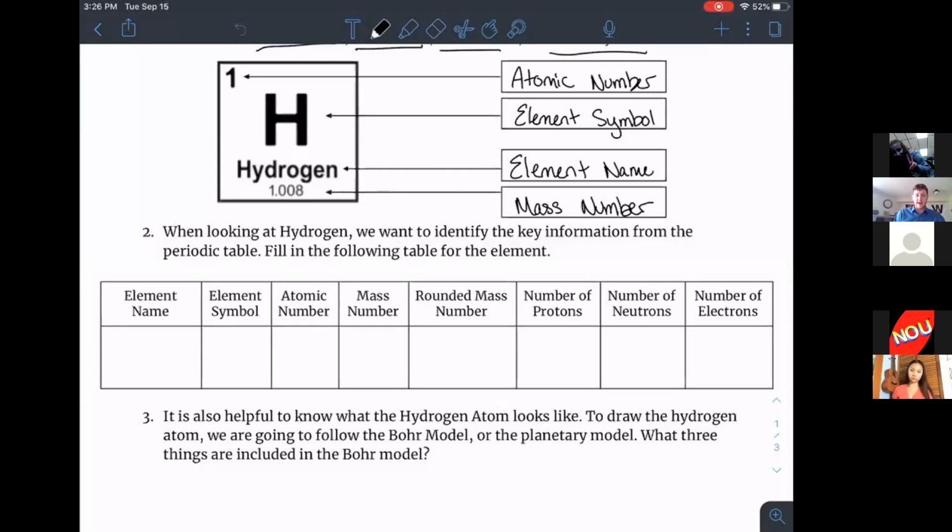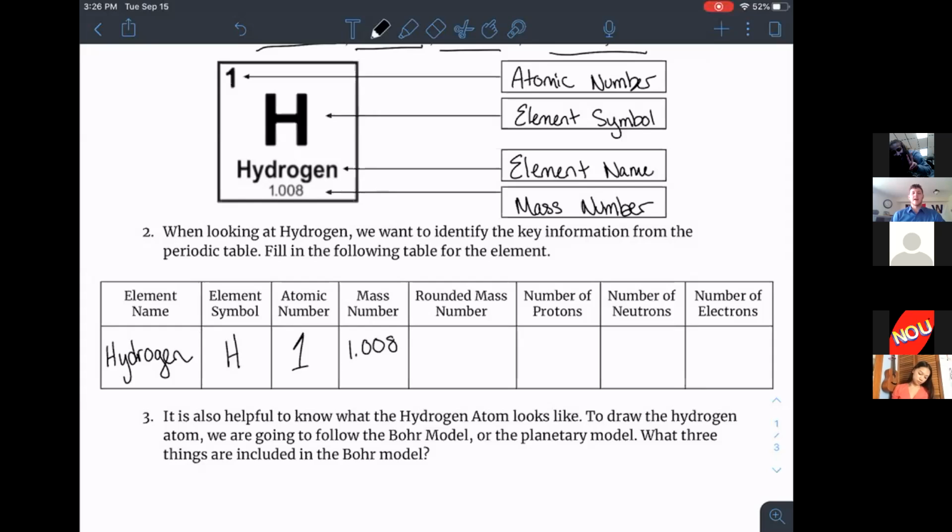The element name, what element do we have above? Hydrogen. So let's write hydrogen right in here. And the element symbol for hydrogen? H. Atomic number? It's 1. And the mass number? 1.008.